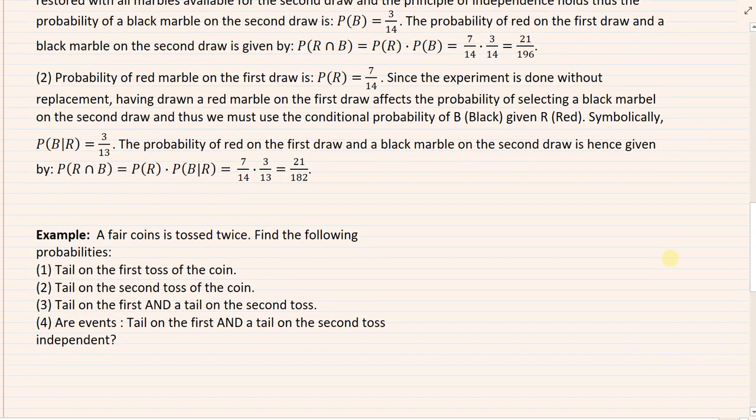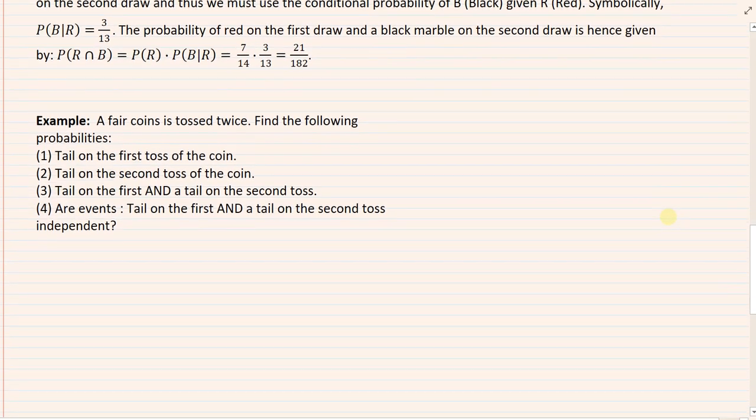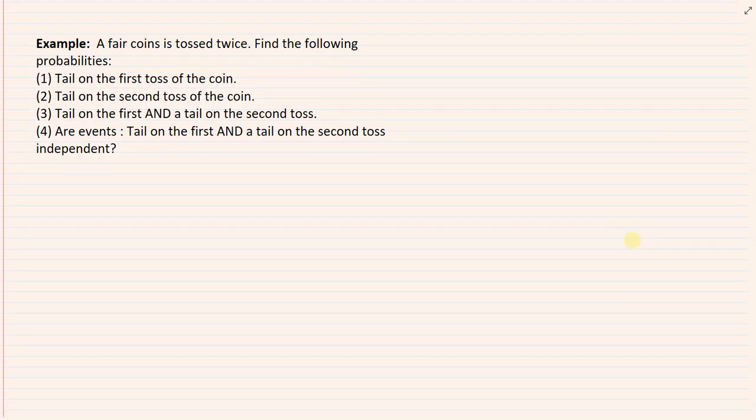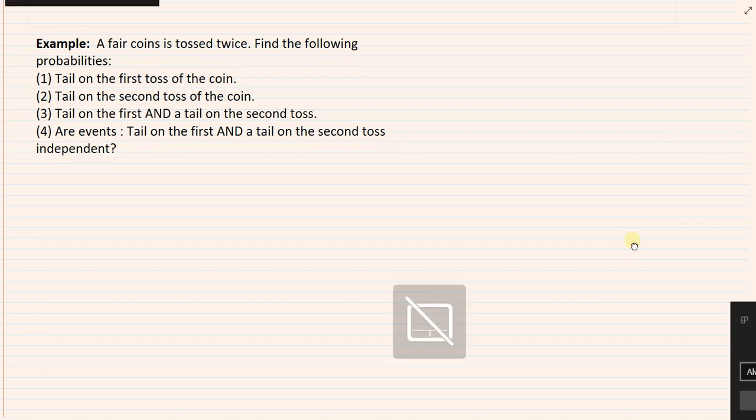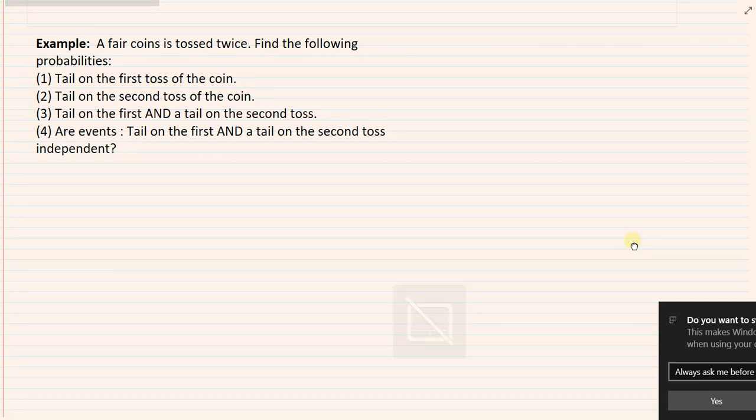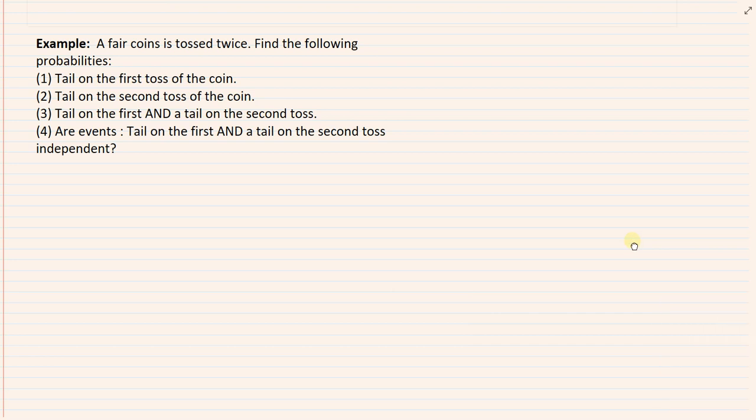Let's try this other one together. In this next example, we are tossing a fair coin twice. There are 2 possibilities because this is a fair coin: head or tail, right?